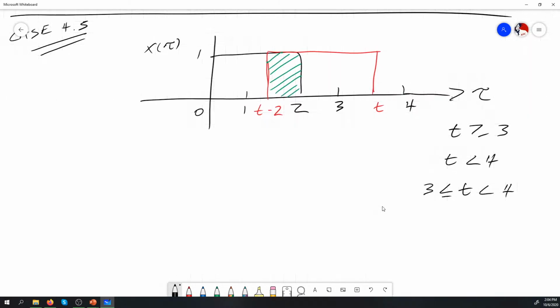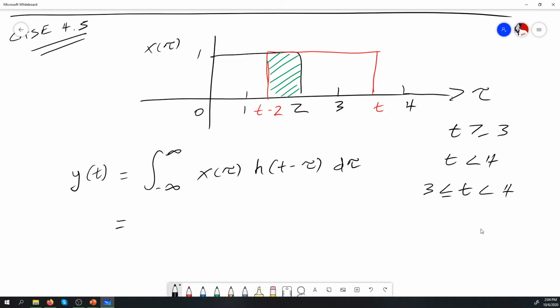And then when we evaluate our convolution integral, so h of t minus tau, we substitute our limits here being 2 and t minus 2 for our overlap zone.